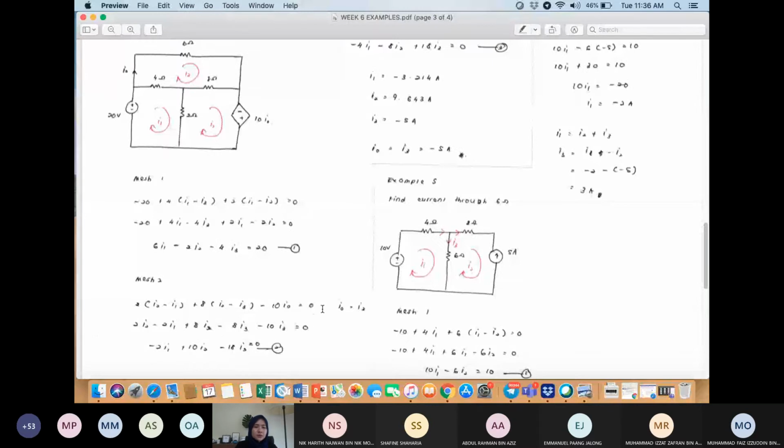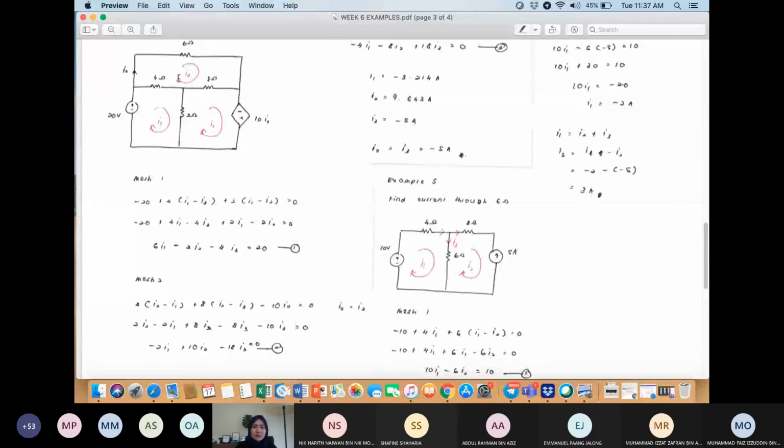So you have this equation. However, in this equation you have the I0. You need to change this I0 in order to solve the simultaneous equations. From this circuit, you can see that I0 is over here, so I0 is actually current I3.